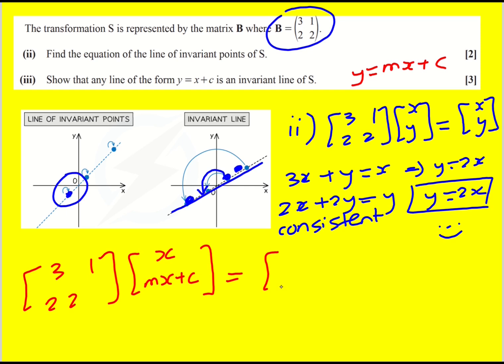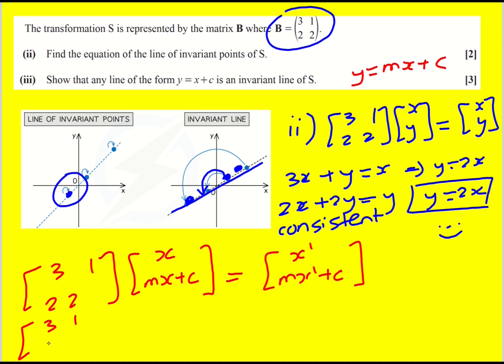Then x is going to go to x dash, some other value of x, but importantly we're going to get mx dash plus c here. Then it will still be on the same line. It still has the same equation, essentially. y is going to be mx dash plus c. It's just a different x value to originally.